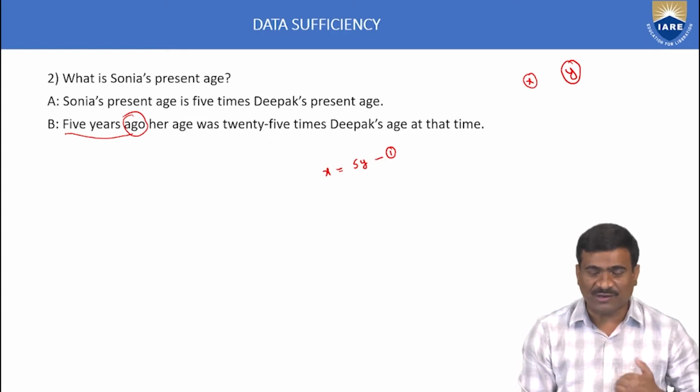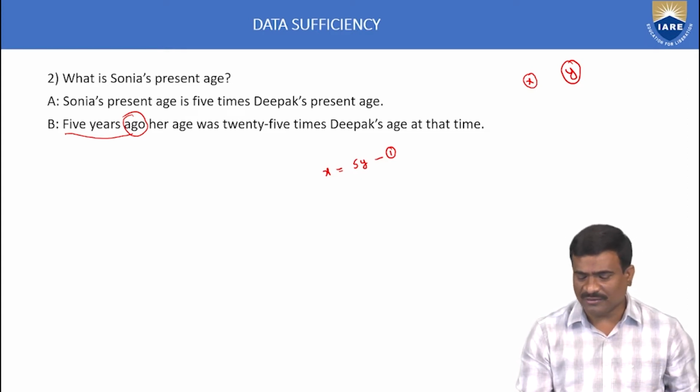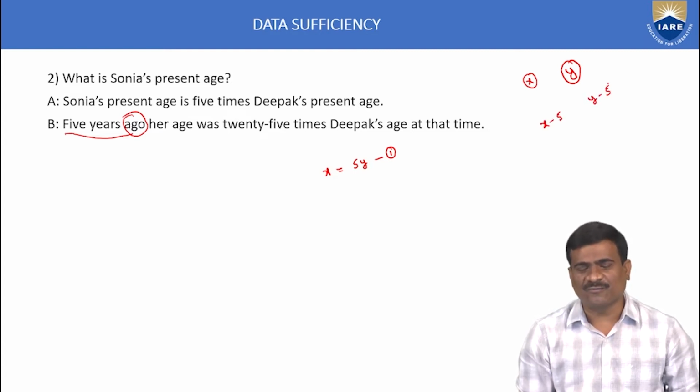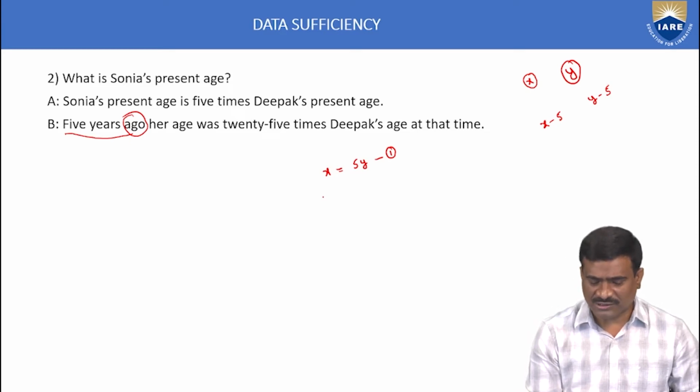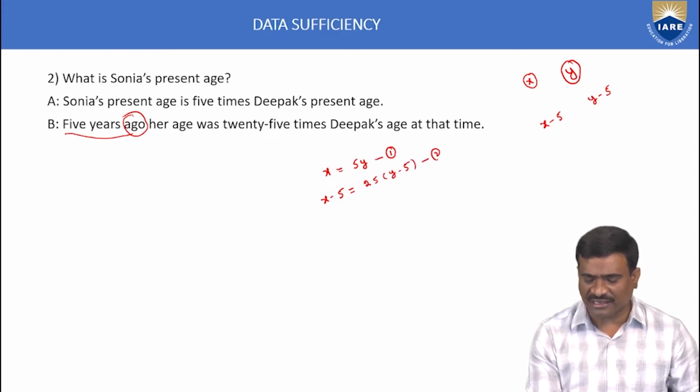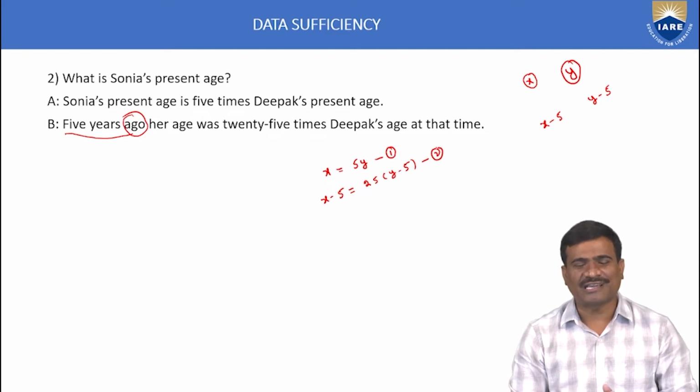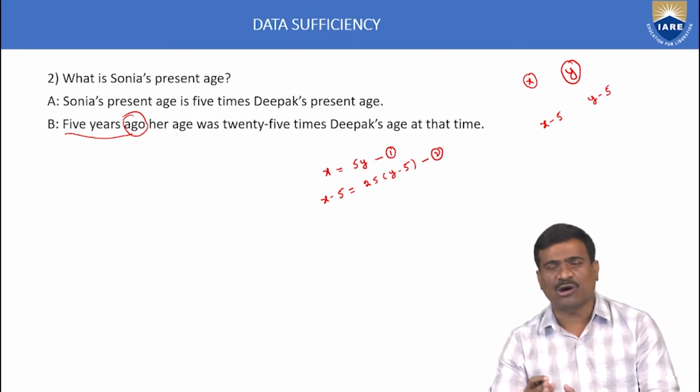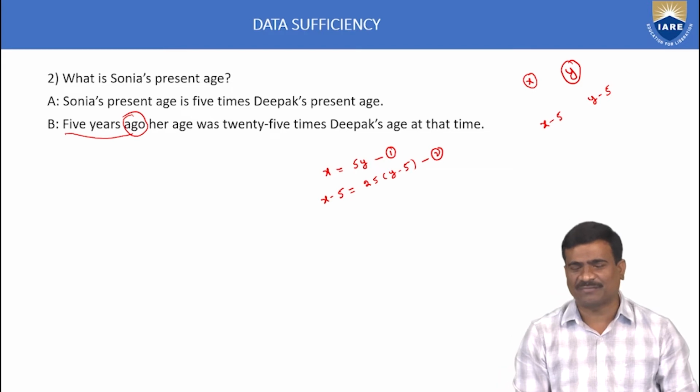Five years ago, Sonia's age is x minus 5, Deepak's age is y minus 5. So x minus 5 is equal to 25 times (y minus 5). This is the second equation. The second equation alone is also not sufficient.